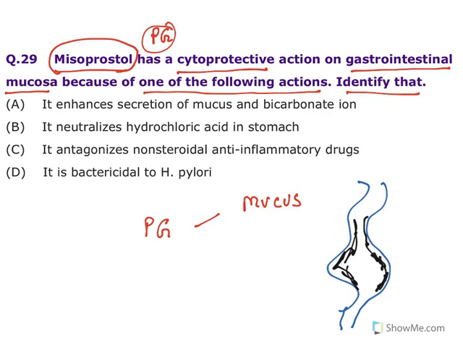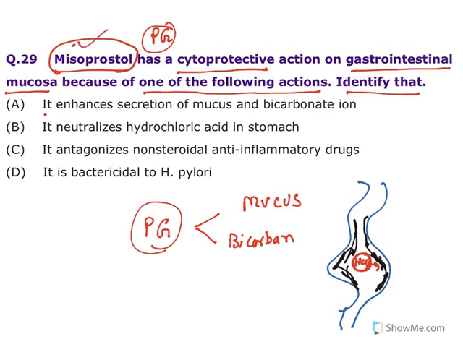The purpose of this mucus is that the released HCl will not damage our intestine when the mucus is there. Not only that, it also increases bicarbonate. Bicarbonate may neutralize HCl. So the harmful effects of HCl on the intestine are neutralized by prostaglandin analogues like misoprostol.